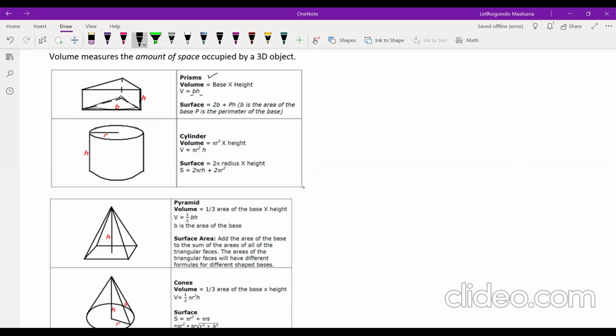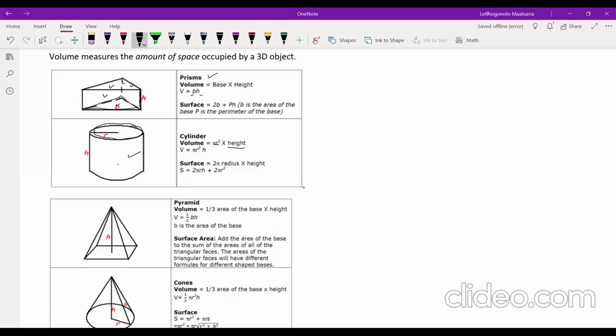For the surface area, you would have to find the area of each and every surface here and add them to one another. For the cylinder, we have our volume, which is again base times height, where the base is a circle, and that's why we're using pi r squared multiplied by the height.